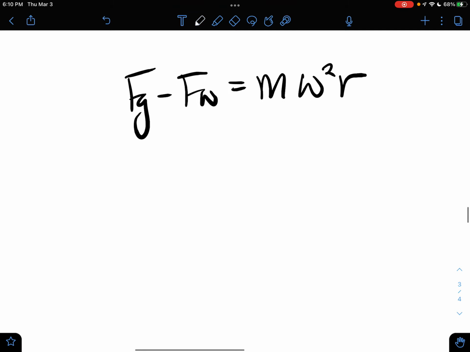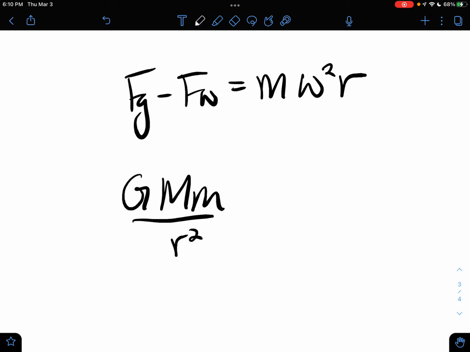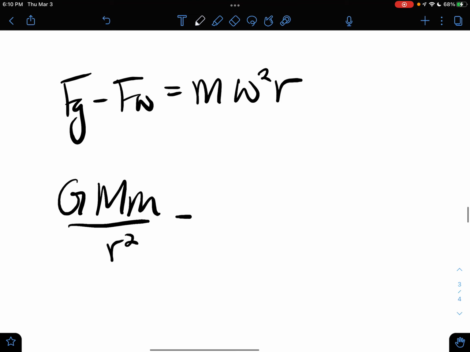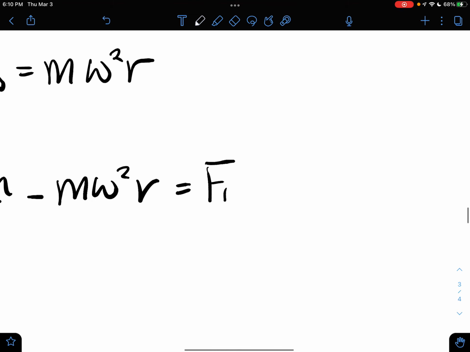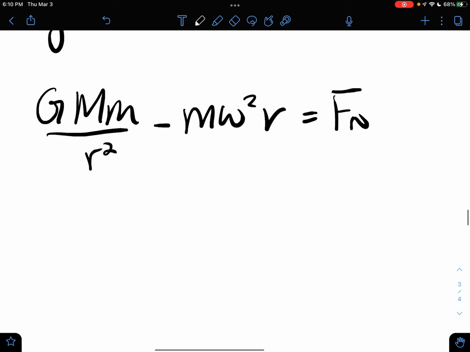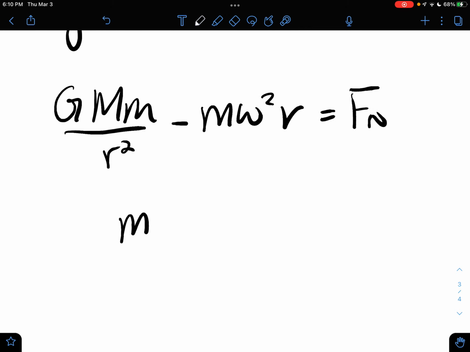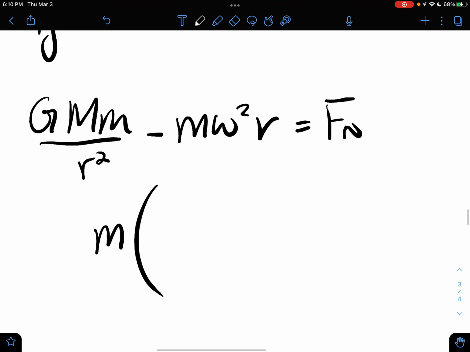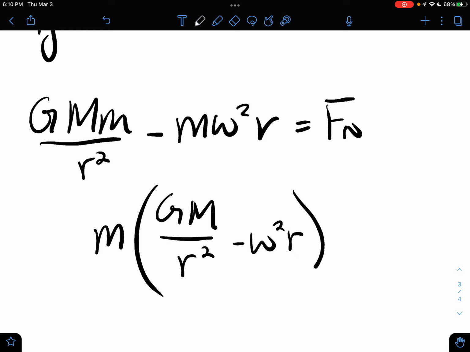we plug in our law of gravitation, G m over r squared, minus m omega squared r equals Fn. Okay. So now if I factor out the m times G M over r squared minus omega squared r.